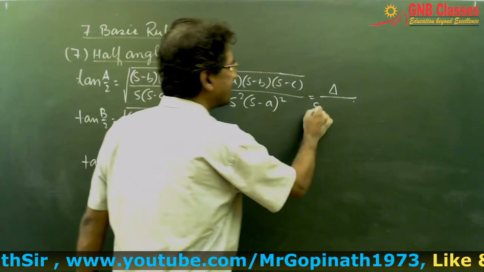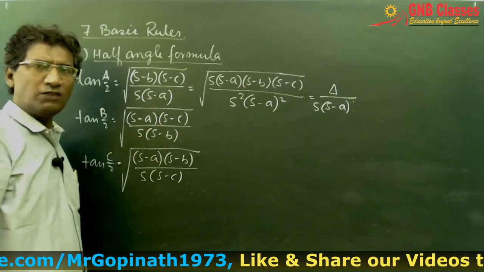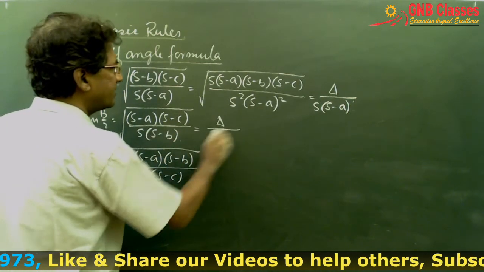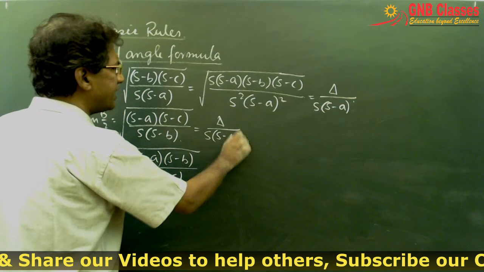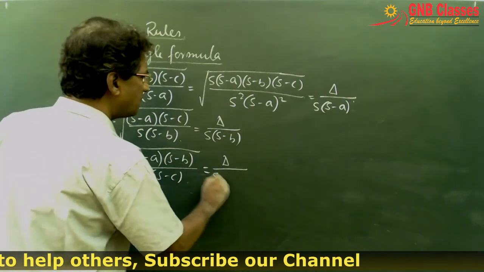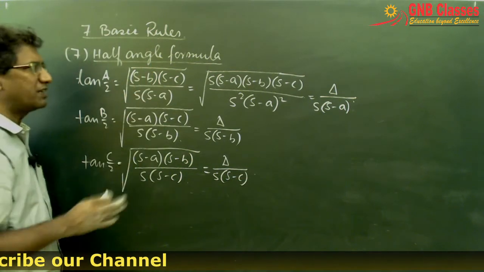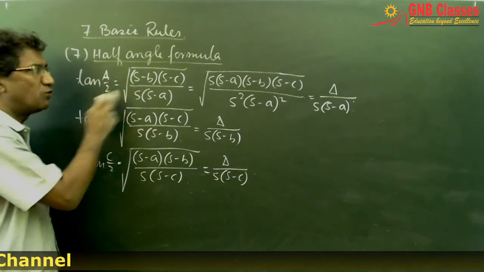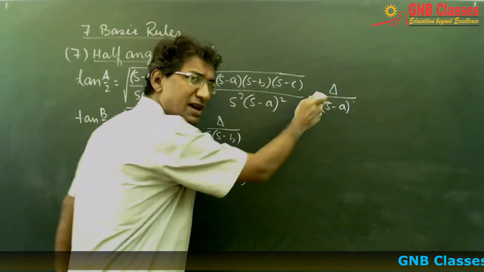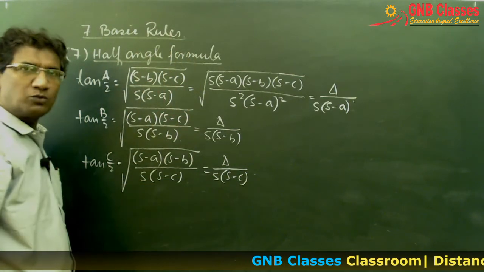And in the denominator we are getting S into S minus A. Is it clear to all of you? So for tan B by 2 also you can write it as del by S into S minus B, and for tan C by 2 you can write it as del by S into S minus C. It's another set also you can remember in this way. I mean tan A by 2 formula we have to remember in this form as well as by del by S into S minus A. Similarly the other one. Okay.